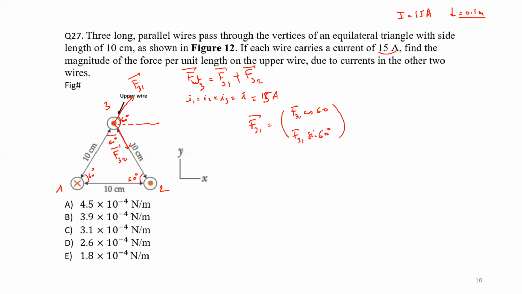Okay. And F32, same thing. But of course, here I will have plus F32 cosine 60 degrees. And here I have minus, okay, because this is 60 degrees. I'm in this quadrant here. So I will have minus F32 sine 60 degrees.